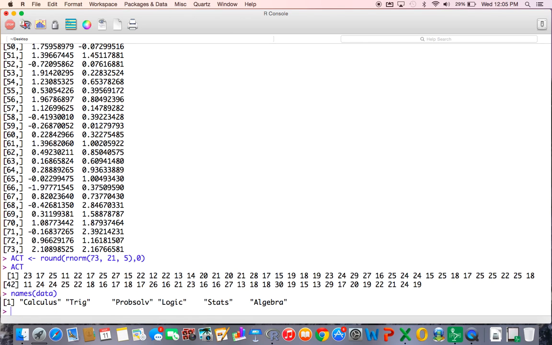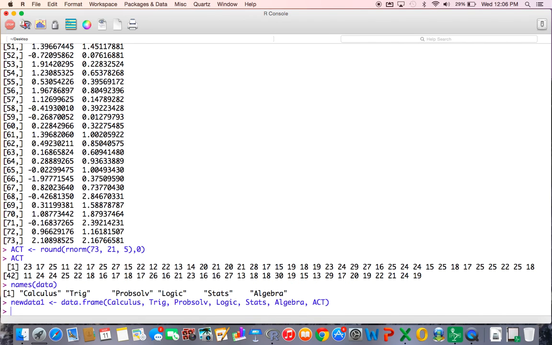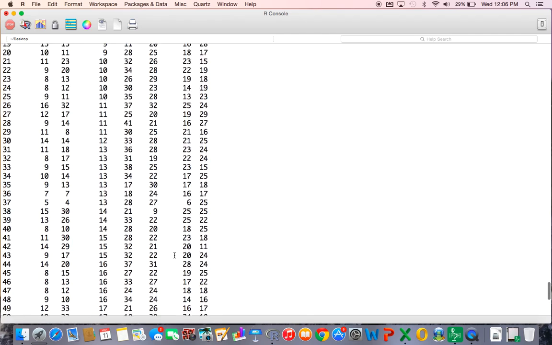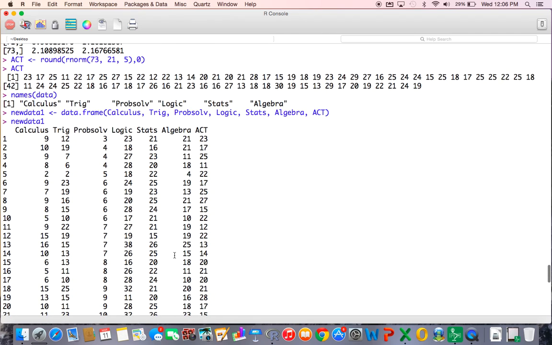Okay, so I could create new data number 1, where I'd create a data frame with calculus, trig, problem solving, logic, stats, algebra, and ACT. And you can see I have a new data set. Okay?